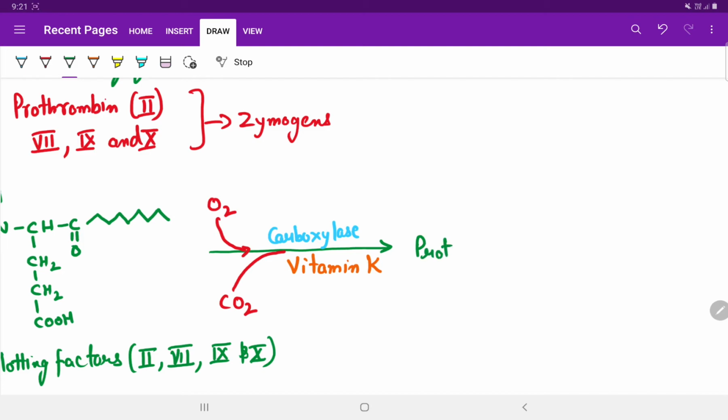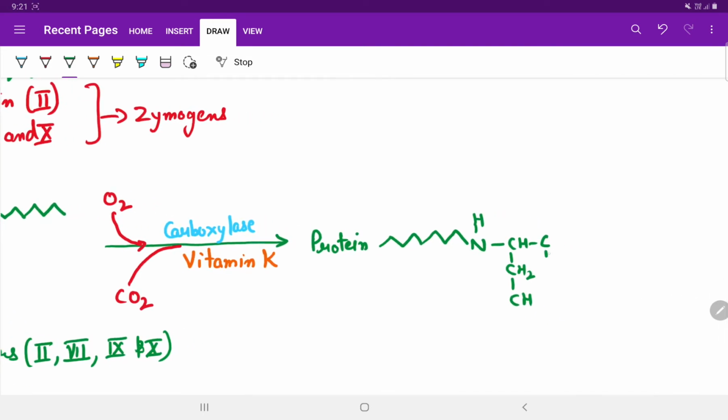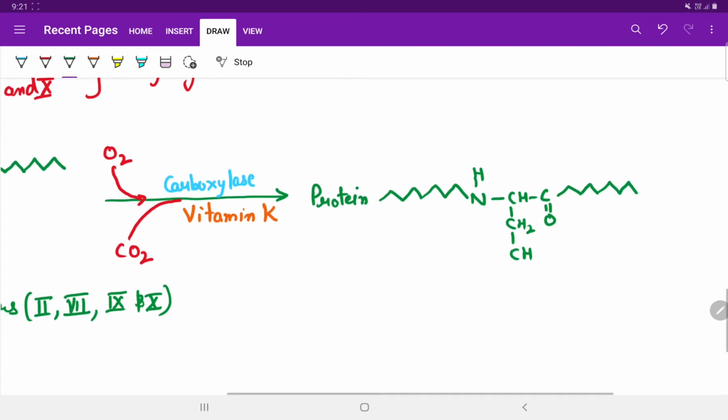So let us, for example, take prothrombin. Here another carboxylic group will be attached. So this is the carboxylation process that is occurring.